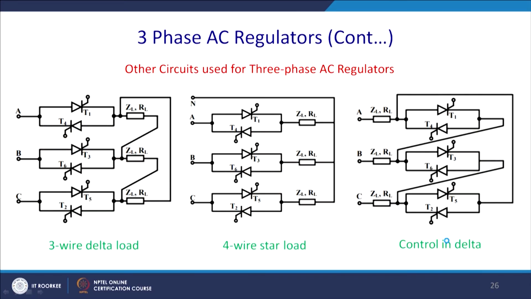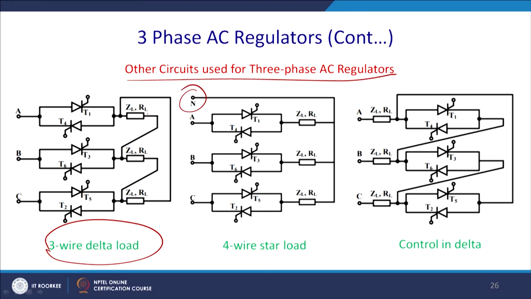So, a 3-phase AC regulator can have different kinds of configuration. This is essentially a delta connected load where current is the consideration, and thereafter in some places you may have a neutral point. So, neutral is available.